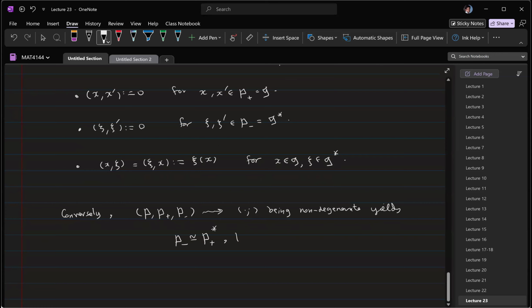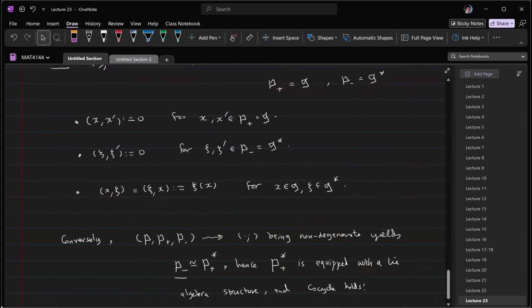So this means, now remember in the Manin triple, P minus was a Lie algebra. It was a Lie subalgebra of P. So now P plus star is equipped with the Lie algebra structure, and the cocycle relation. So this is again something to check.